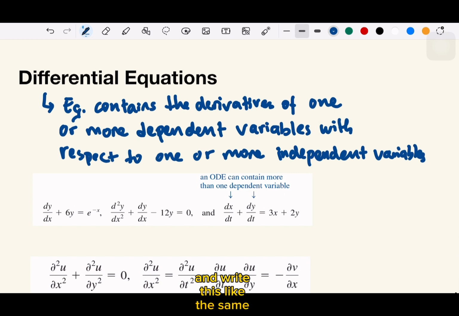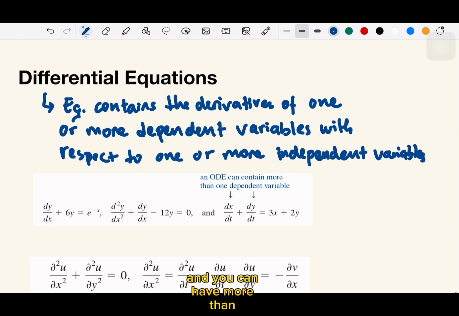We can have this first derivative, and then y, and then x, a function of x. Or we can write the second order. The order means how many times you differentiate. This is the first one, you derive only once. This one you derive twice. The second order, d2y over dx2 minus 12y equals 0. Also a differential equation.